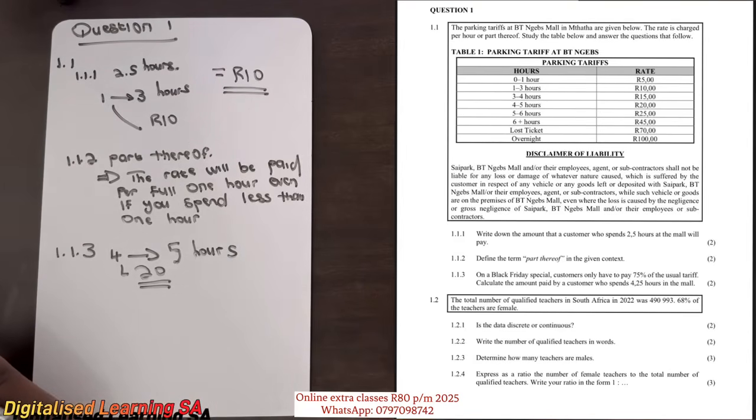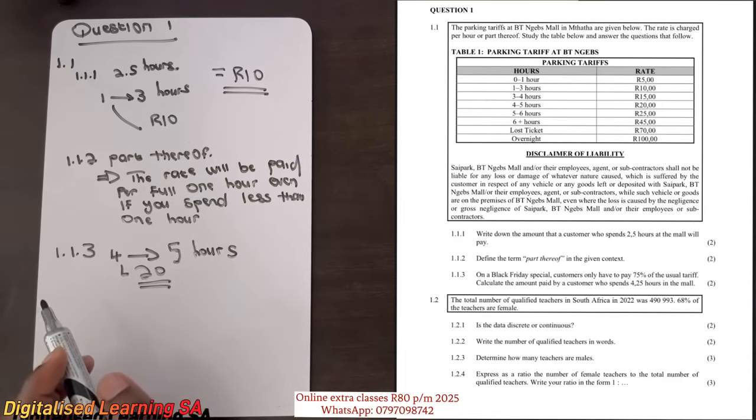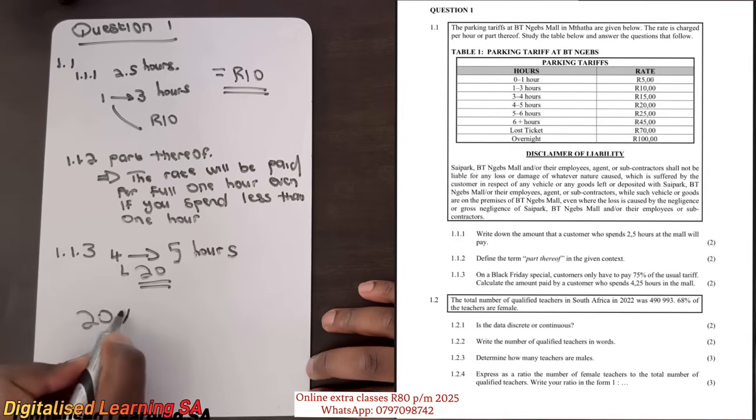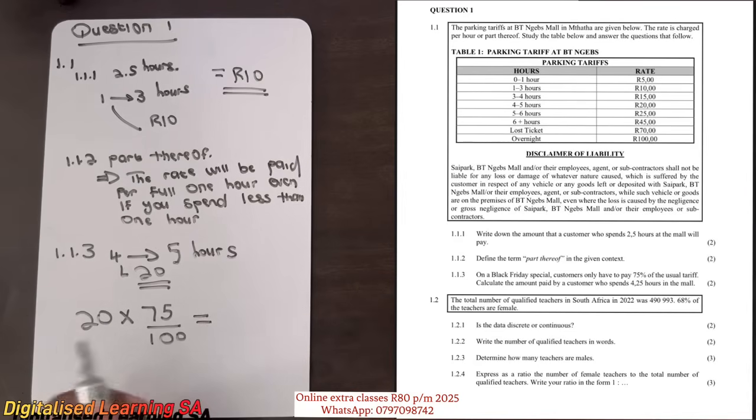We are told that on a Black Friday, a customer only has to pay 75%, meaning that we need to calculate 75% of the 20 rand. So we take our 20 rand and multiply by 75 divided by 100. Then we will be able to see how much this customer, who spends 4.25 hours in the mall, will pay.